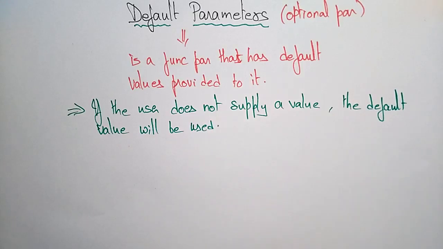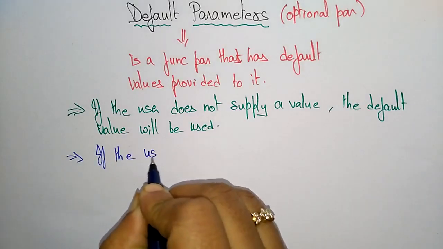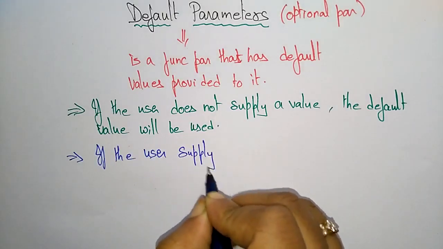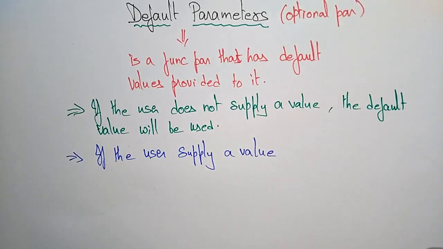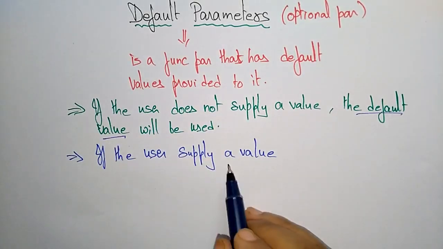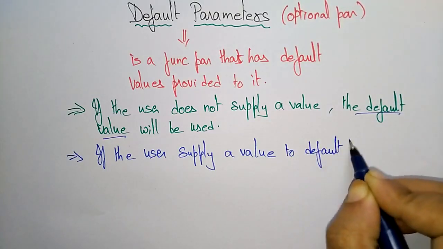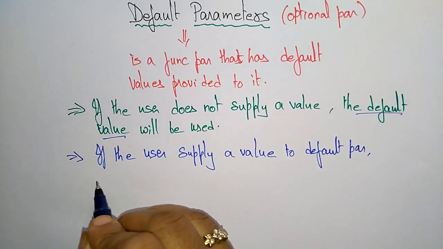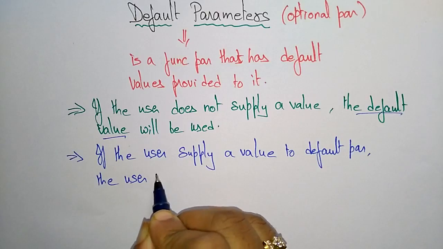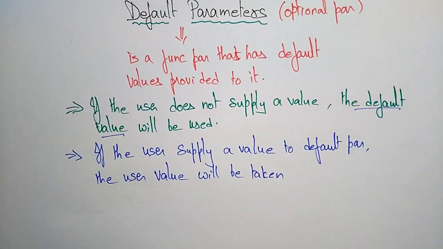Suppose the user supplies a value for the default parameters. Then the user-supplied value is used instead of the default value. So if the user does not supply a value, it takes the default value. If the user supplies a value, then the user value will be taken instead of the default value.